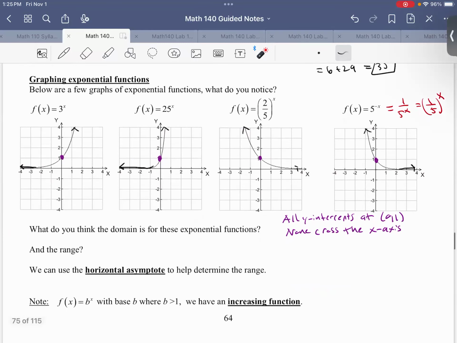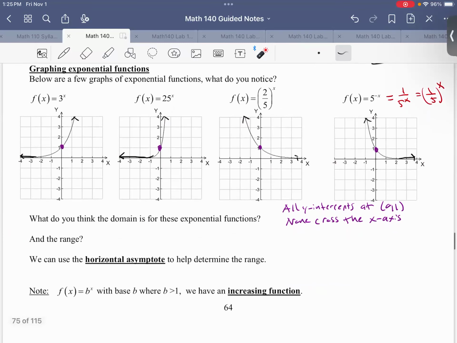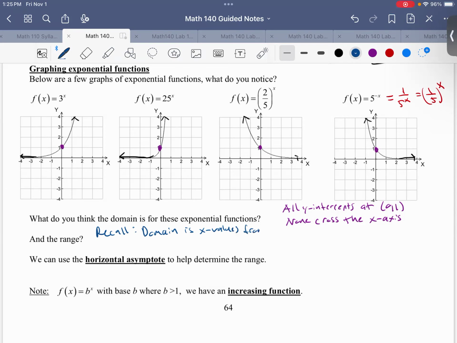Okay, let's go ahead and keep observing some more aspects of these functions. So what do you think the domain is for these exponential functions? So recall that domain is x values from left to right.